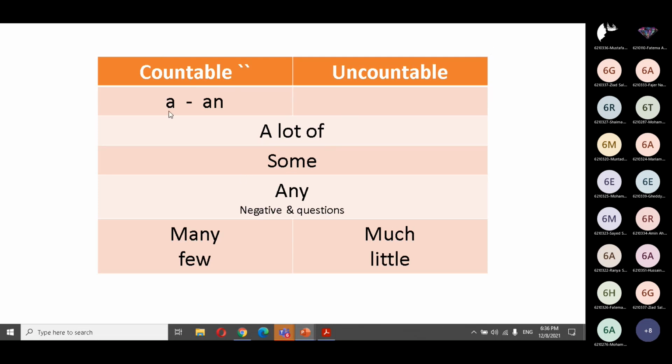Any, countable and uncountable. But we said we use any with negative and questions. Here, many and few only with countable, much and little only with uncountable. Okay? Have a look again at this slide because it's important.